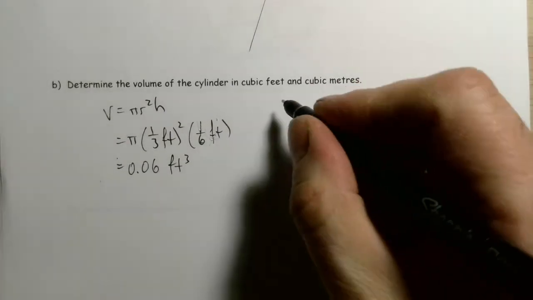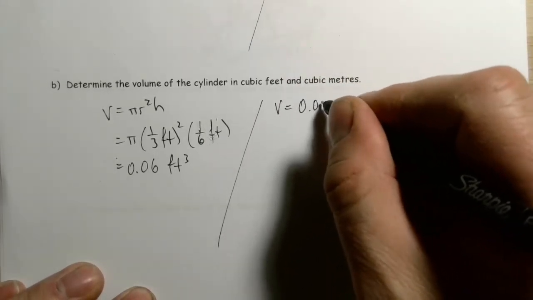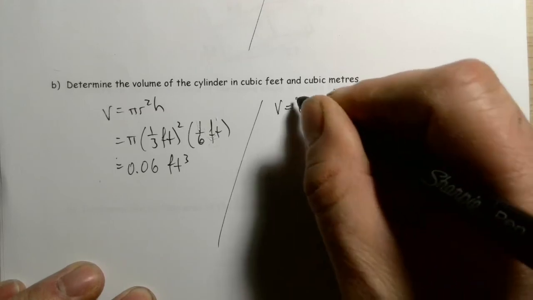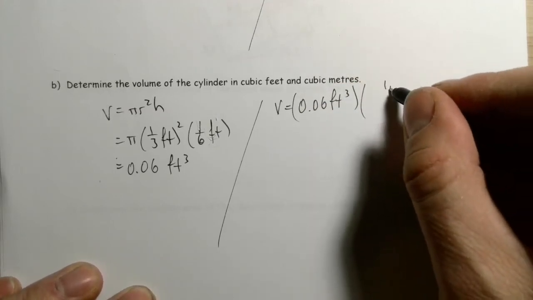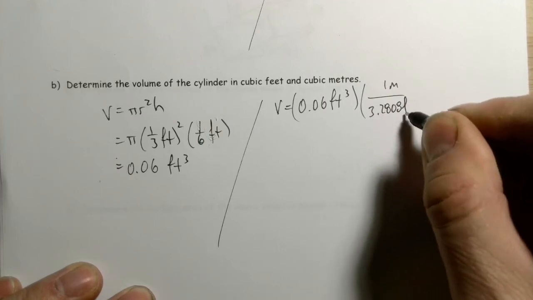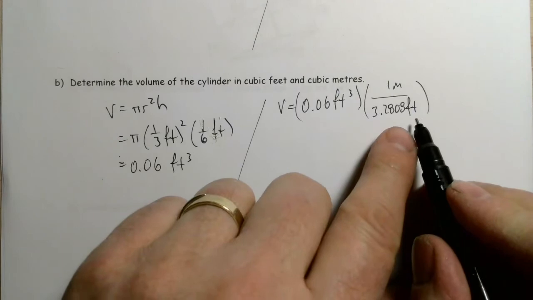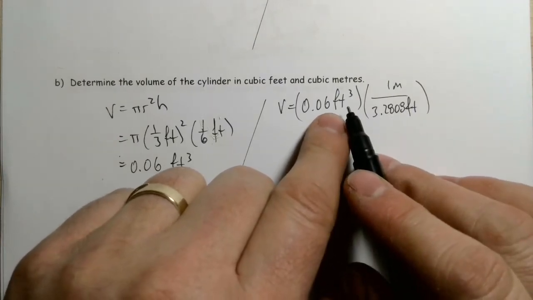Now, when I do the conversion, I've got 0.06 feet cubed, but I want to convert that into meters cubed, so I'm going to have 1 meter over 3.2808 feet. Again, the feet go in the denominator because I want it to cancel with this unit up here in the numerator.